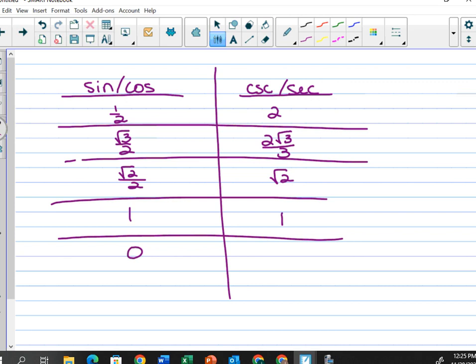But what is 0 flipped? Yes, undefined, good. So not quite as time-saving as the tangent-cotangent ones, but still helpful and should hopefully speed things along. You shouldn't actually have to rationalize as you go. You should get to know the values well enough that you speed.